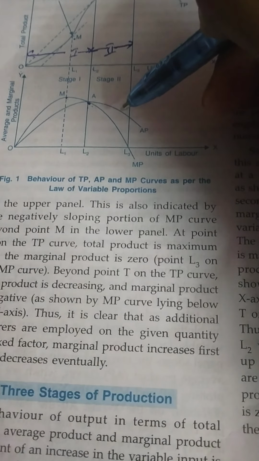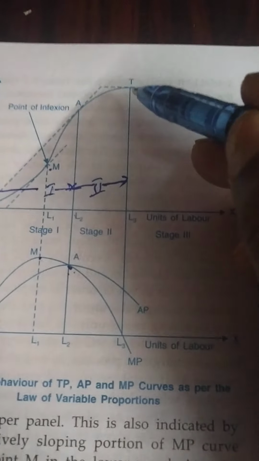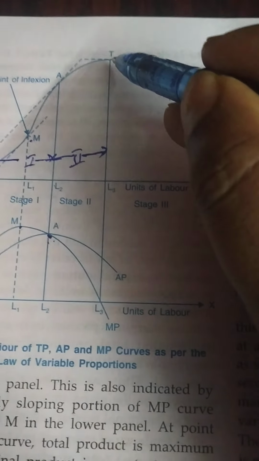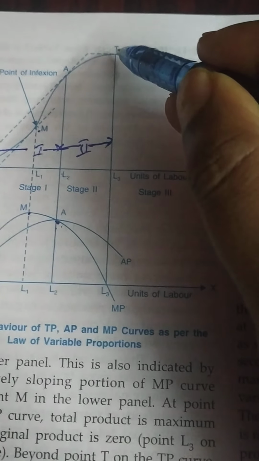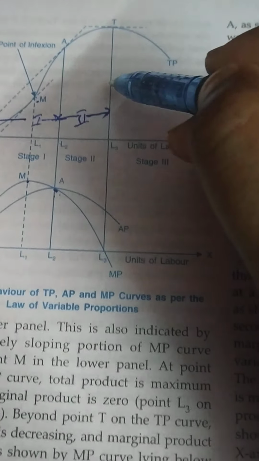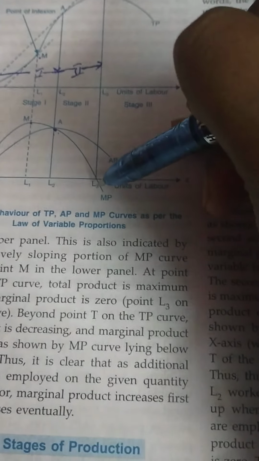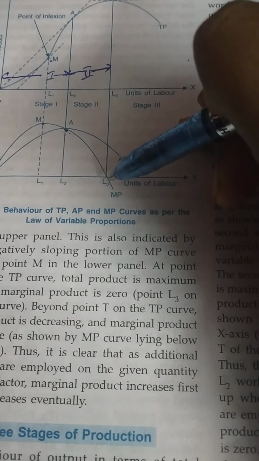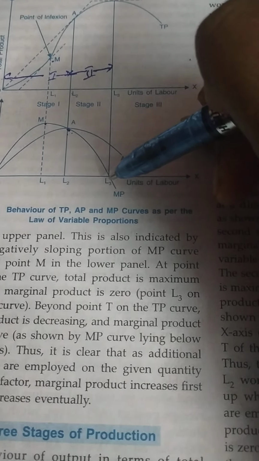MP lies below AP. The stage ends when TP is maximum at point T. Now TP is maximum and becomes constant here. The slope is constant. That means corresponding to this point L3, you see in this panel, at the point where TP is maximum, MP will become 0.